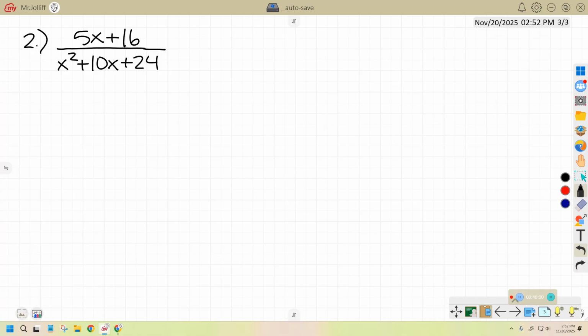So we want to find the partial fraction decomposition for 5x plus 16 over x squared plus 10x plus 24.